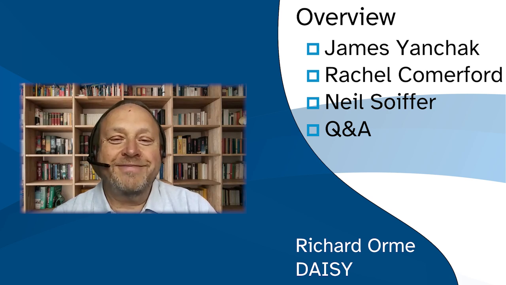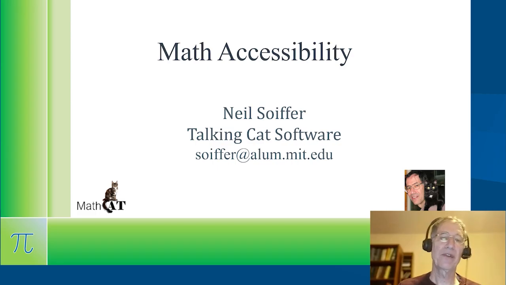Hi, my name is Neil Soiffer. Today I'm going to talk about math accessibility. I'm one of the lucky ones who has retired and can pursue my passion, and for the last several years, that has been creating the open source MathCat library. MathCat stands for Math Capable Assistive Technology. MathCat is in the screen readers NVDA and JAWS, and in the near future, it will become the default in both of those.